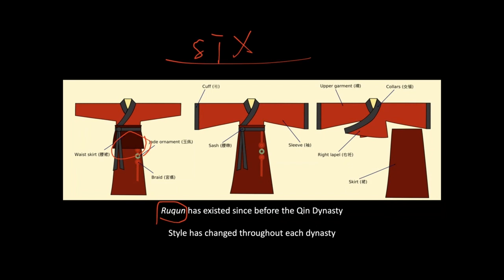And the reason is because it's a little bit more active. As women go to Buddhist temples, as women go to visit some other places, they also need a little bit more active wear. And eventually, if you go to the Tang Dynasty, women can ride horses as well. So it's called ruqun style.